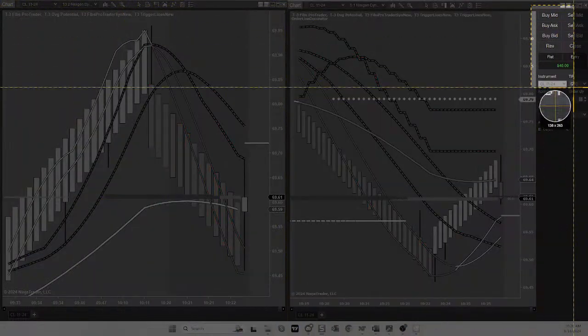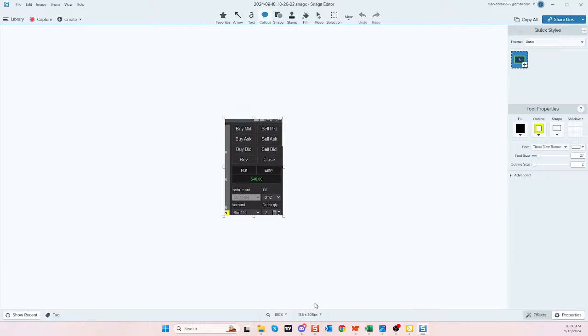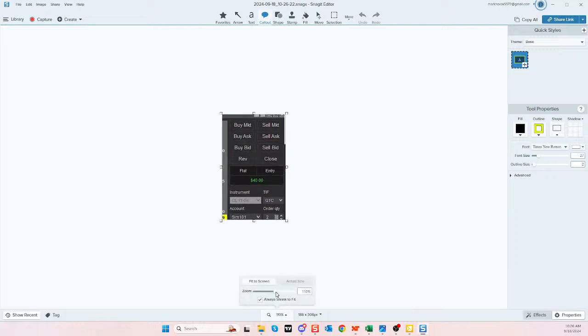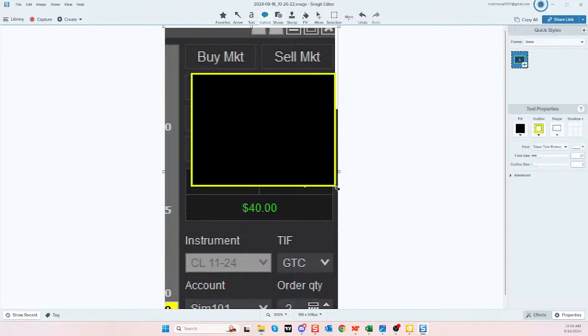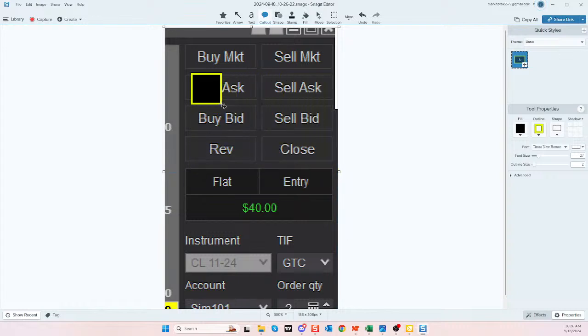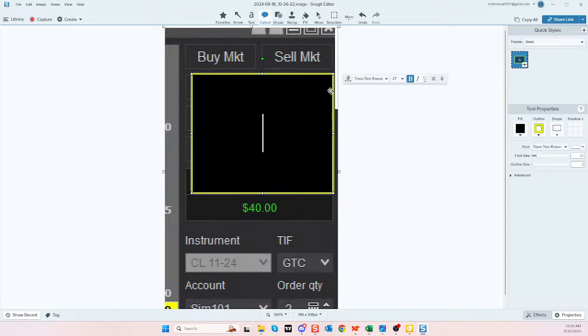Not everybody likes my explanation of this. I hope you're okay with it. Are you ready? Let me make it nice and big. From this, these are the only two order types that I may ever use, and I don't use them for a high probability trend trade.